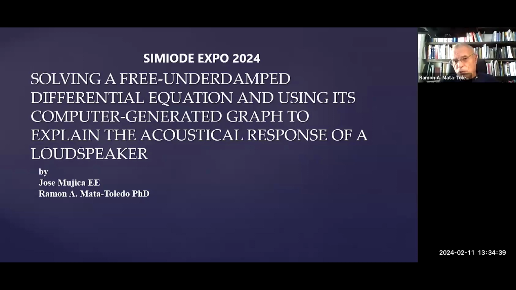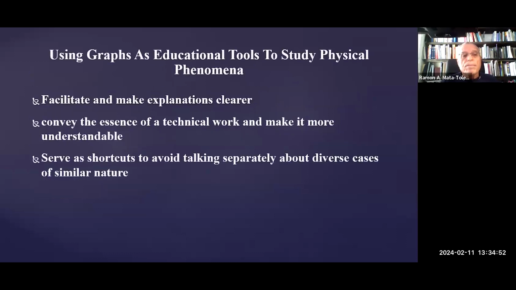We have also found that if you try to use graphs, there are some advantages to doing so, and I would like to mention some of them. When we use a graph, the explanation seems to be clearer. We seem to understand it a little better. It also allows us to convey the essence of our work and make it more understandable, not only when we write about it, but also when we explain it.